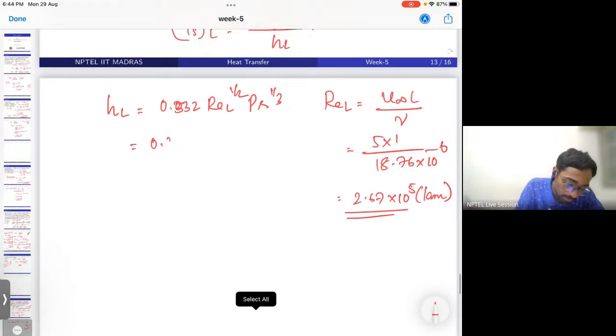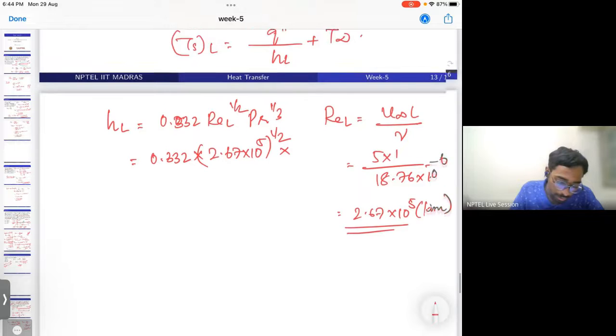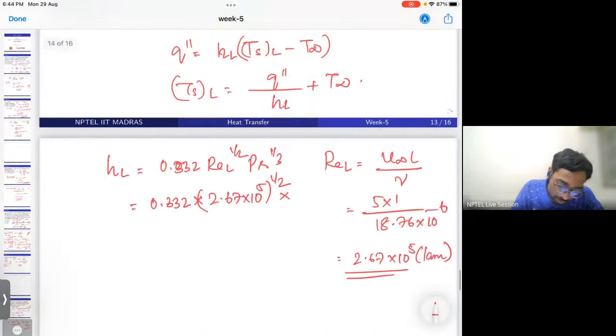So we can use the laminar correlations, right? So it's 0.332 into 2.67 into 10 raised to 5, raised to half, and the Prandtl number is given as 0.703 raised to 1 by 3.